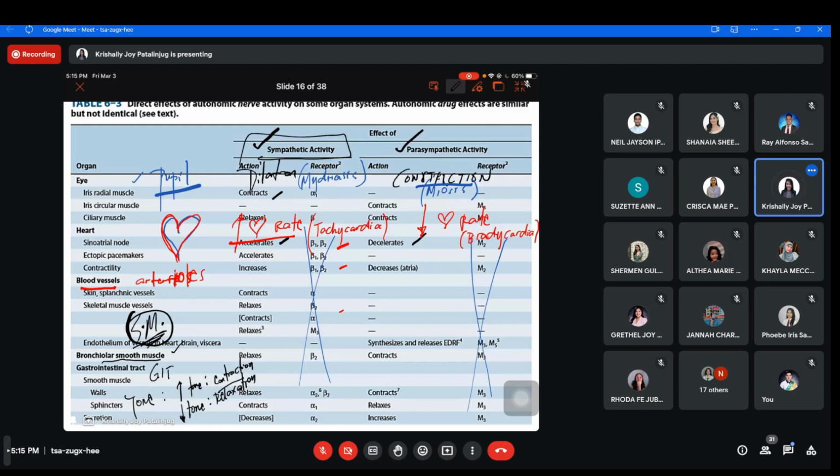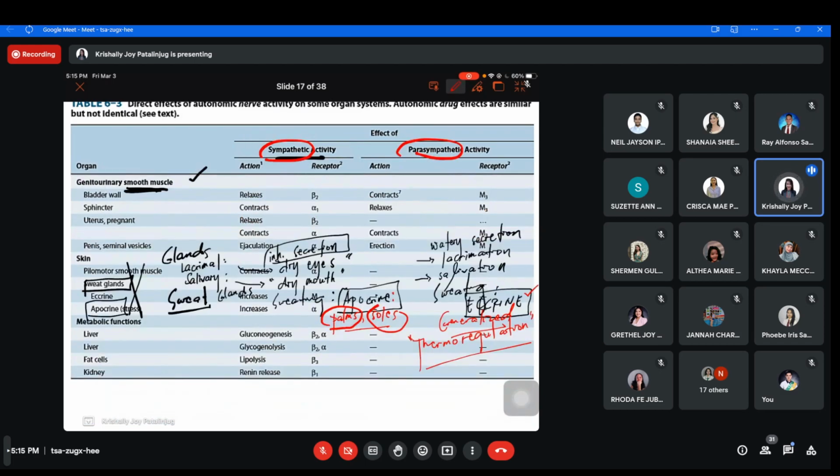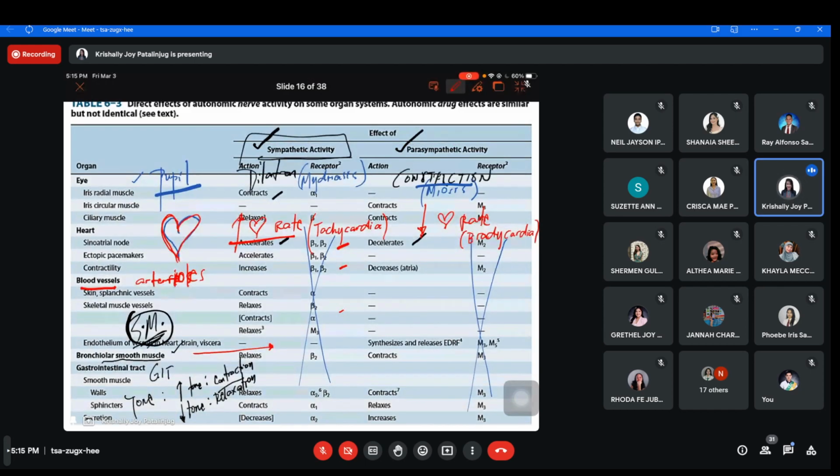So take note. For bronchial smooth muscle, and even the GI tract and urinary bladder, when it is sympathetic, remember, there is decrease of tone.